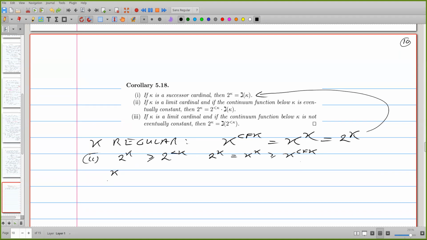If kappa is singular, then we get the Gimel function at 2 to the kappa.